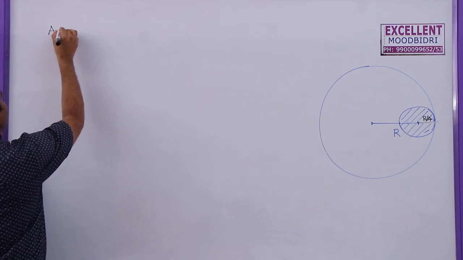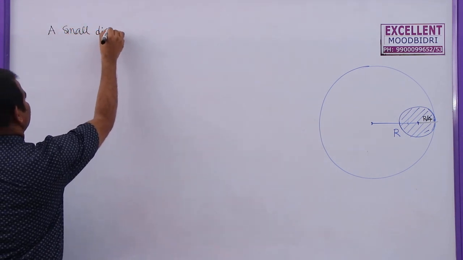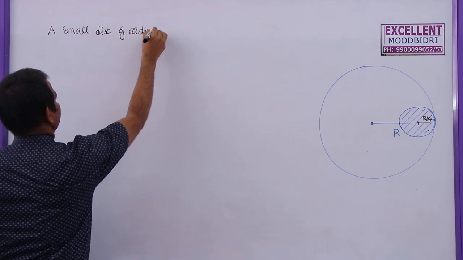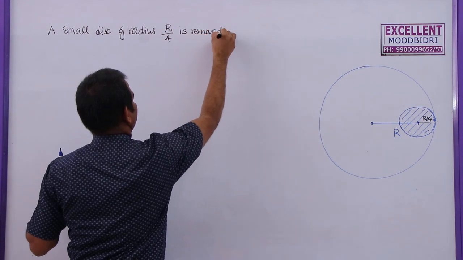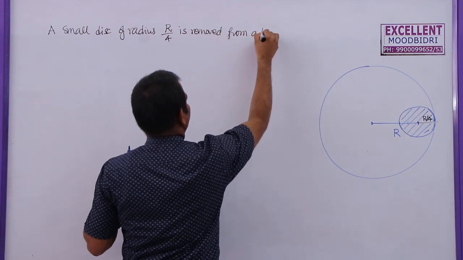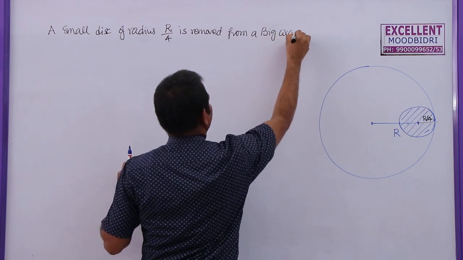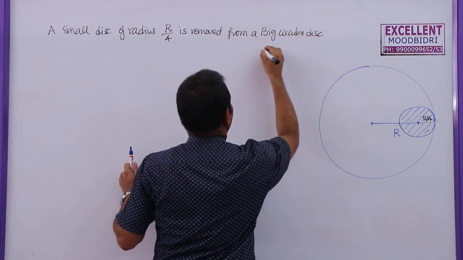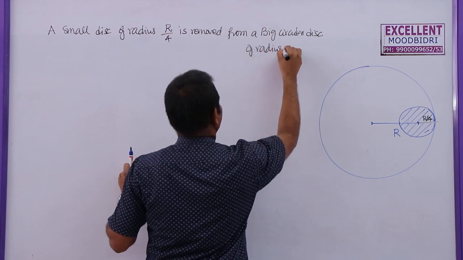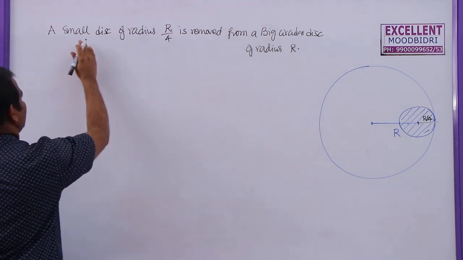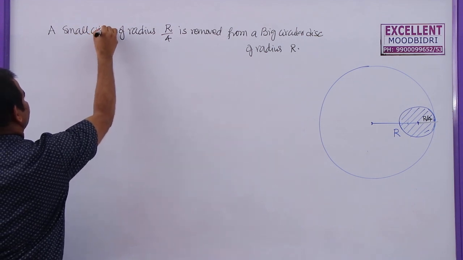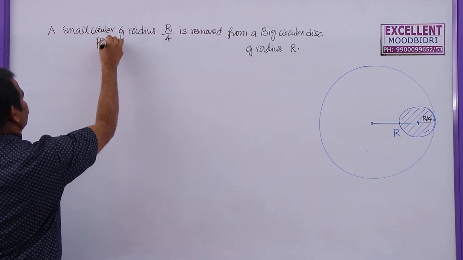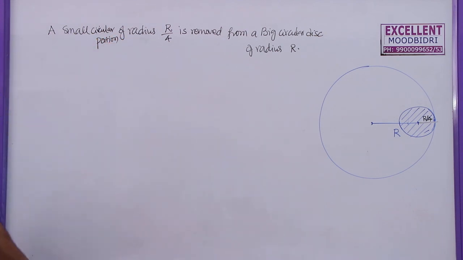So here the problem is: a small disc, or a small circular portion, of radius r by 4 is removed from a big circular disc of radius r.